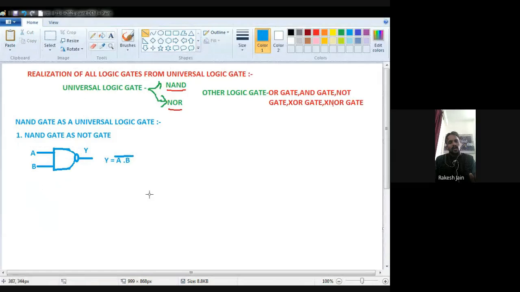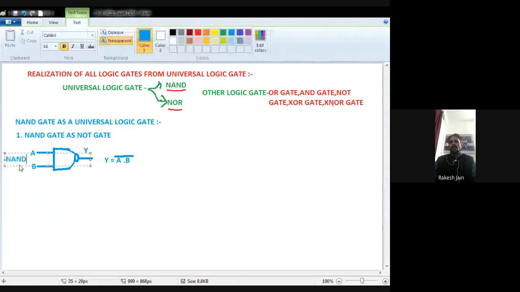We know the basic equation of NAND gate, that is A dot B having a bar, and we also know the truth table: if any input is 0, the output will be 1. Okay. Now we have to realize NAND gate as a NOT gate.